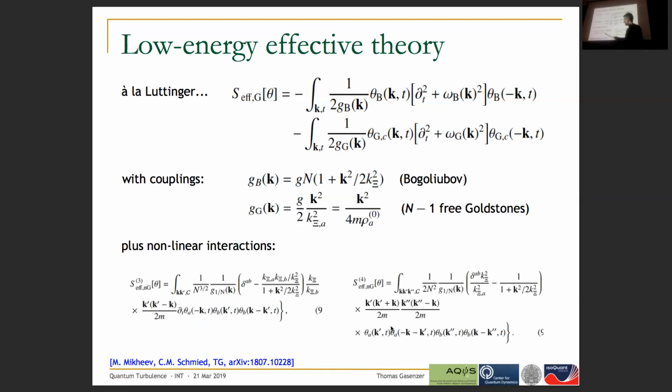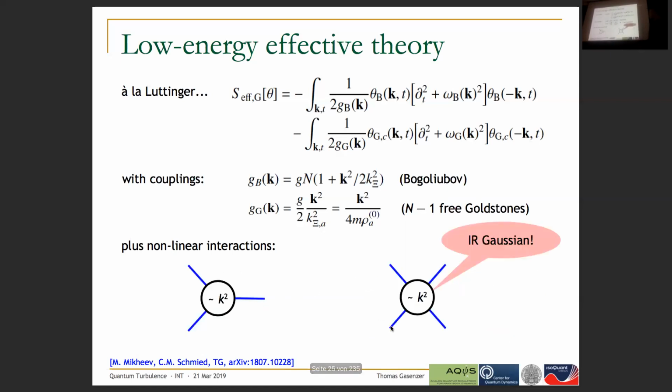We have dependence here on powers 3 and 4 of your phase modes, and then with some complicated momentum structure. However, this momentum structure is homogeneous, so it actually shows scaling with the power k squared, which is now important to describe the wave turbulence of the system.